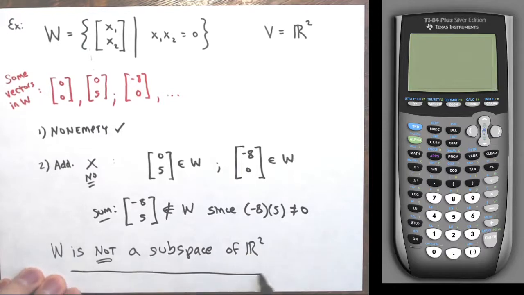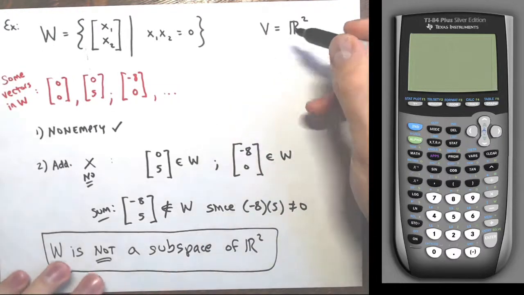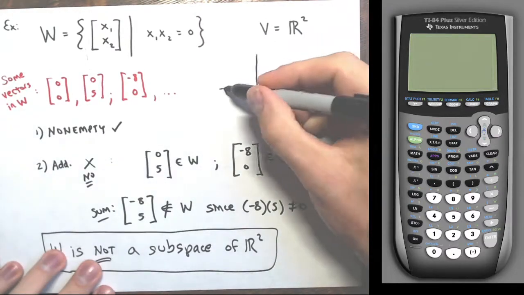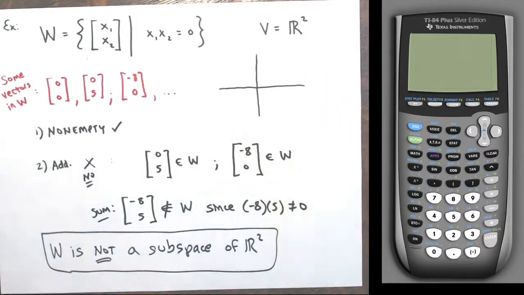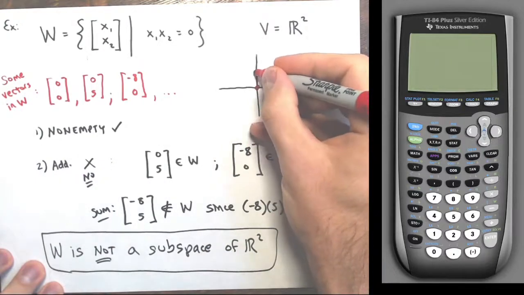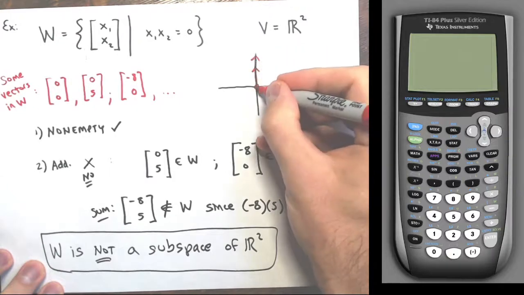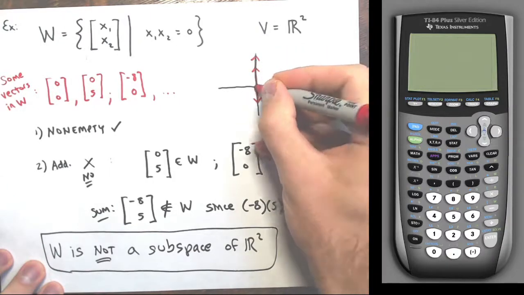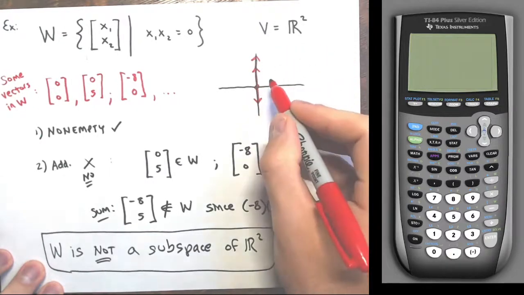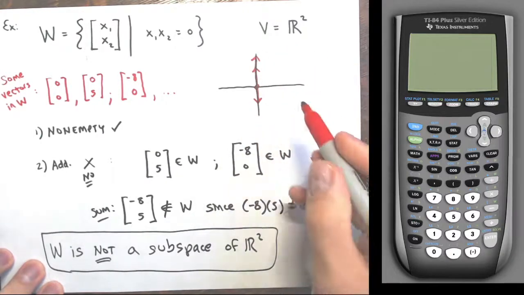All right, and let's graph some of these too. Again, because it's R2, I can actually picture this. 0, 0 is there. 0, 5. Anything with 0, 0, 10, 0, negative 3, I'm sorry, 0, negative 3. You might be thinking, hey, that's a line through the origin. Didn't you say that was a subspace? Yeah, but look at this too.